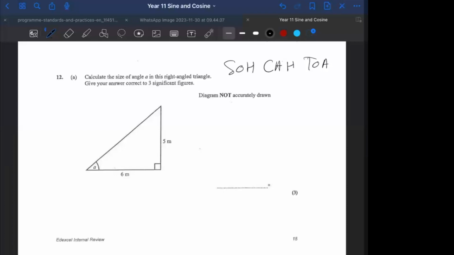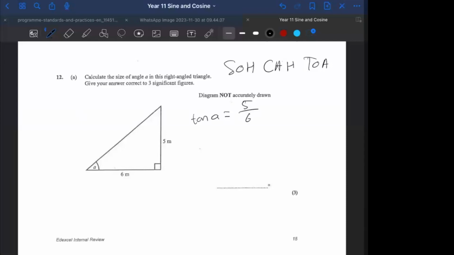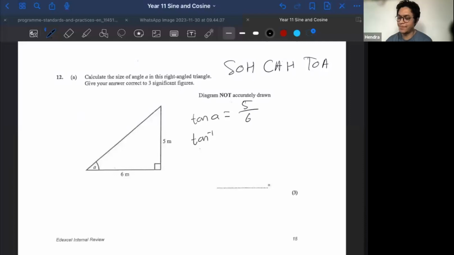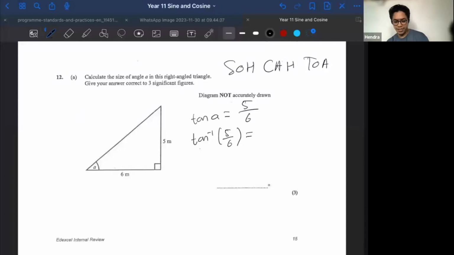So tan A equals 5 over 6. Shift tan minus 1 of 5 over 6. 39.8. Yes. You're getting it. Let's go.